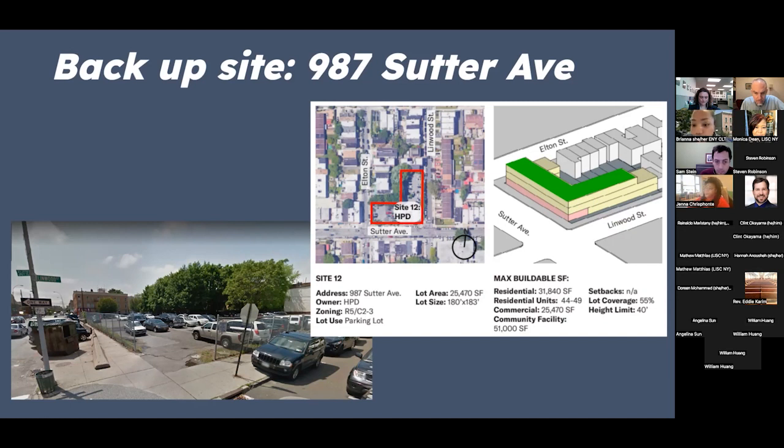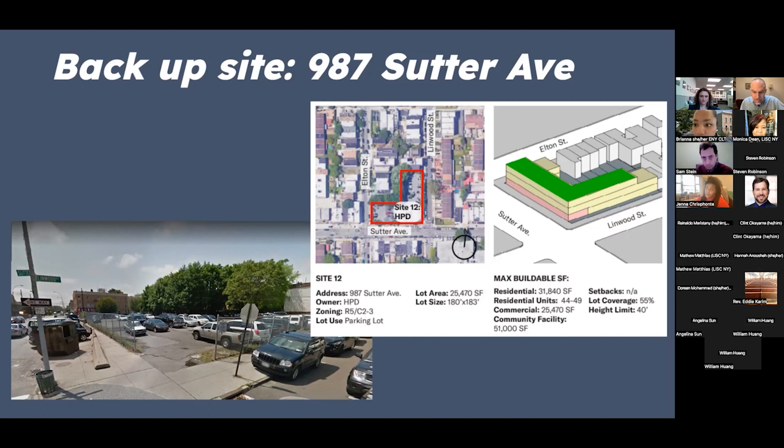It's also owned by HPD, but the local precinct, the 75th precinct, parks their personal cars on the lot. It's a site owned by the Housing Preservation Department. And we address practices like that in our black paper.